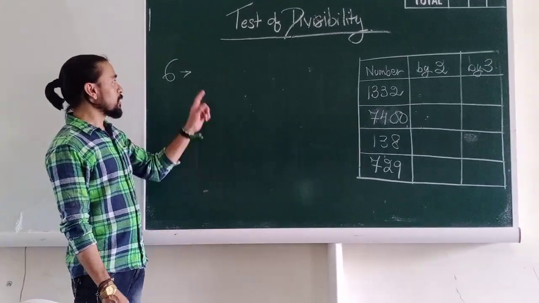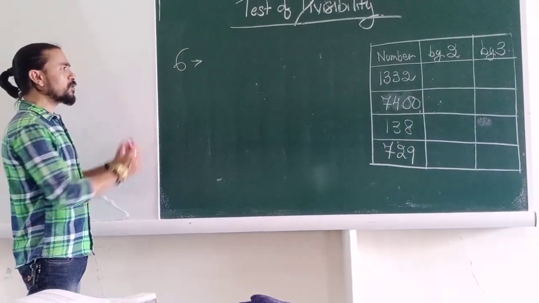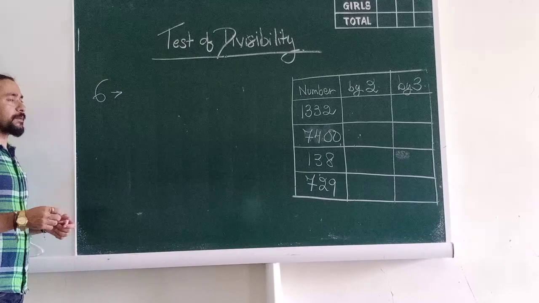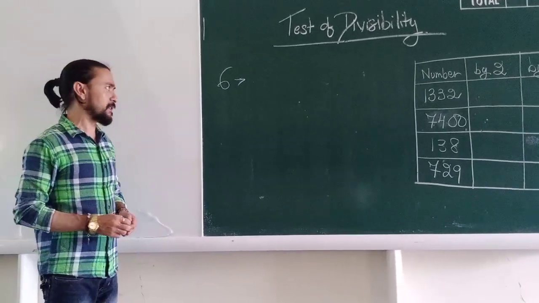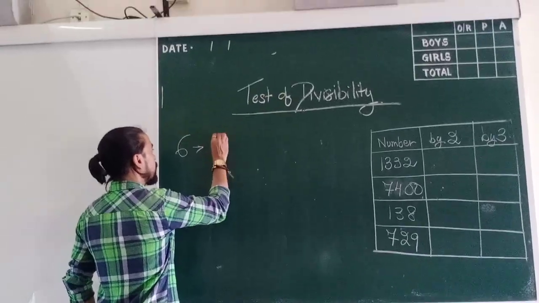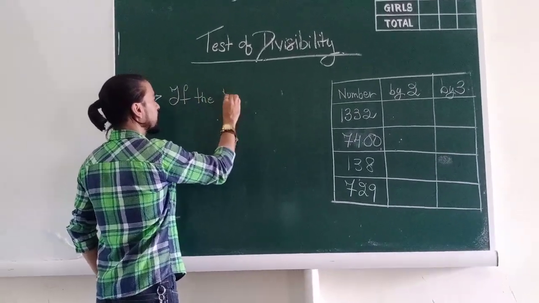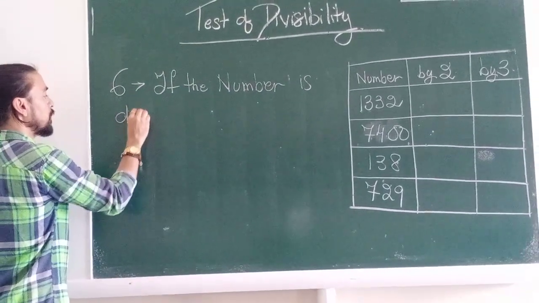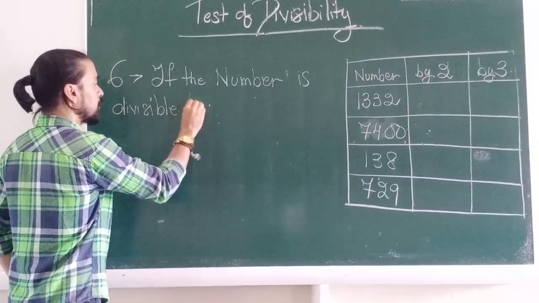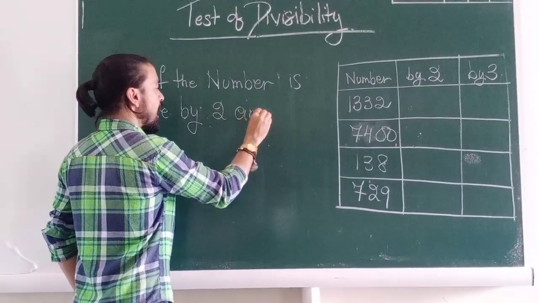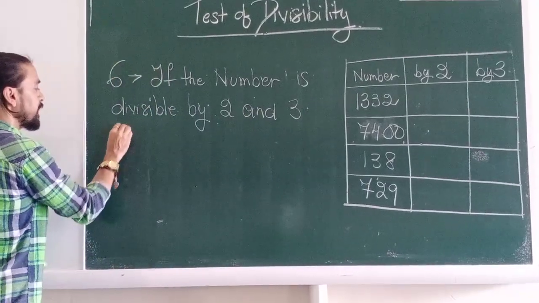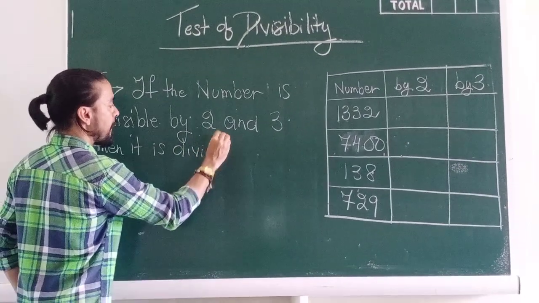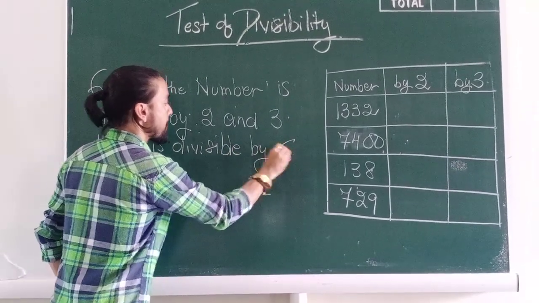Now we come to the test of divisibility for 6. Test of divisibility of 6. I put the numbers there and I have written by 2, by 3. There's a reason. The test of divisibility of 6 says that if the number is divisible by 2 and 3, then it is divisible by 6.